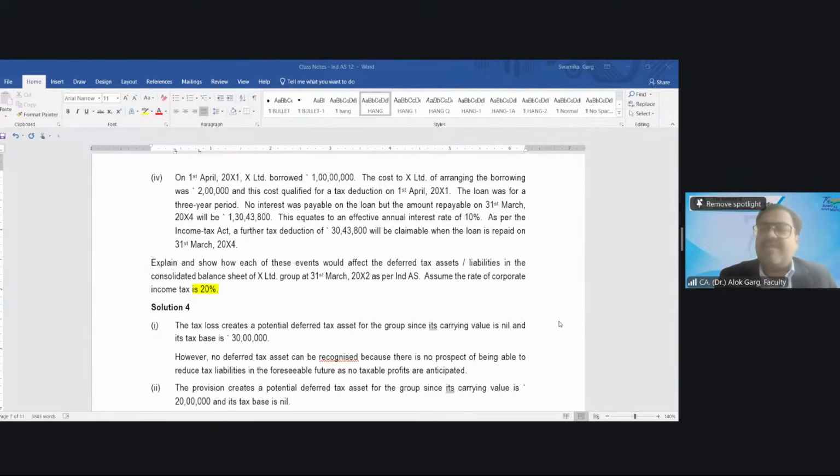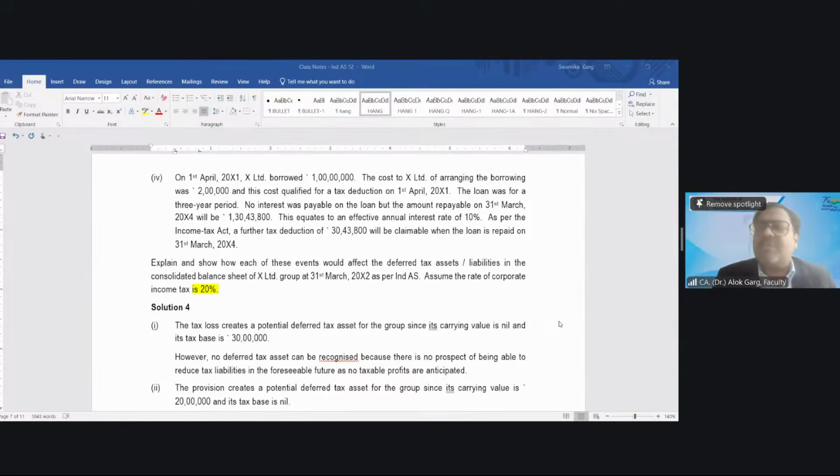The Income Tax Act says that whatever loan amount you have taken, that is your liability. It is not 98 lakh, it is 1 crore. Second, the Income Tax Act says that we don't know EIR. Whatever interest you pay, we will give you deduction. But Ind AS says EIR.